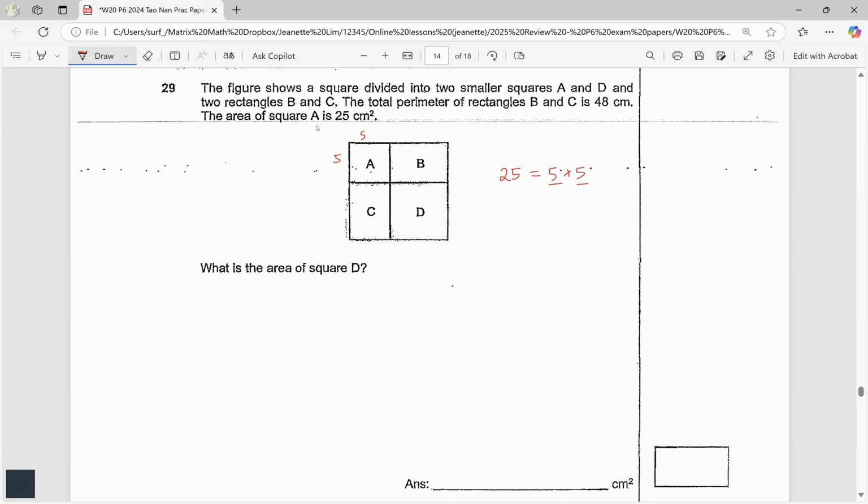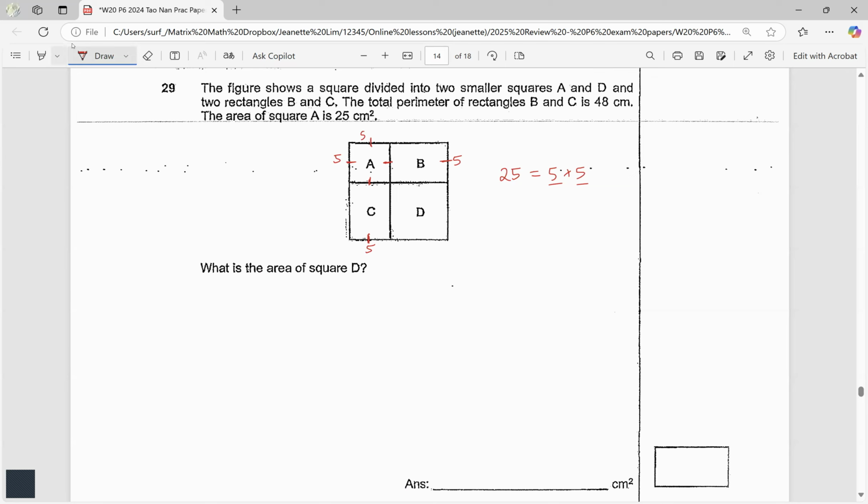Now, because this is a square, all the sides are the same, which means that the breadth of B is also equal, breadth of C is also equal to 5. Then they tell us that the total perimeter of B and C is 48.